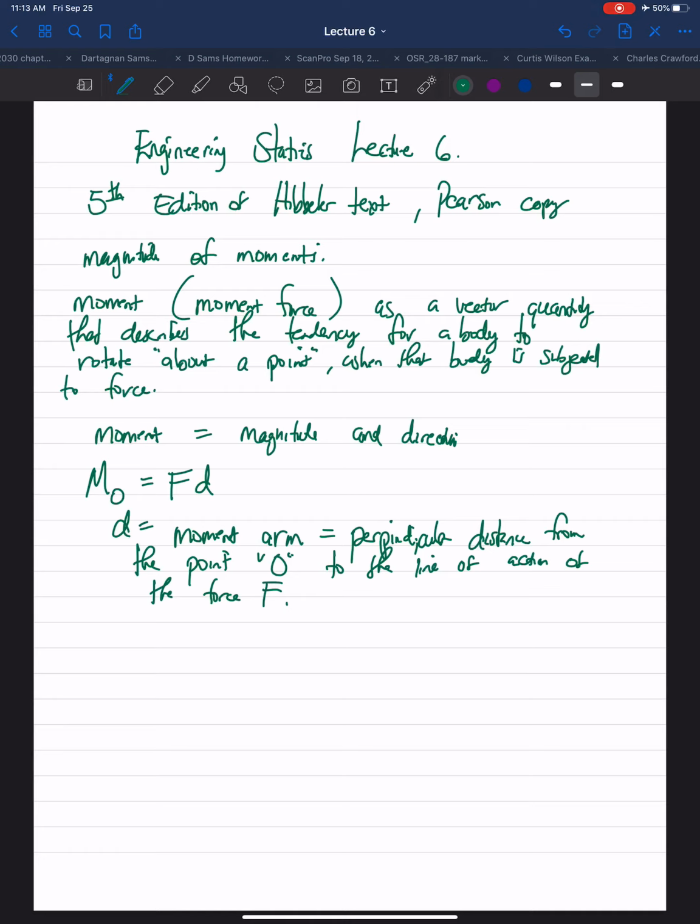So to get us refreshed on that concept, let's work a few problems in the text dealing with the magnitude, and then we'll start working to the vector analysis of the moment. So let's start with problem 3-5.